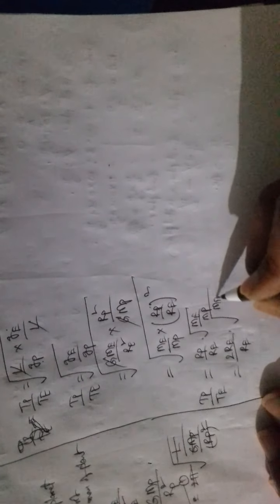See, let us substitute: Rp is equal to 2Re and Mp is equal to 2Me.